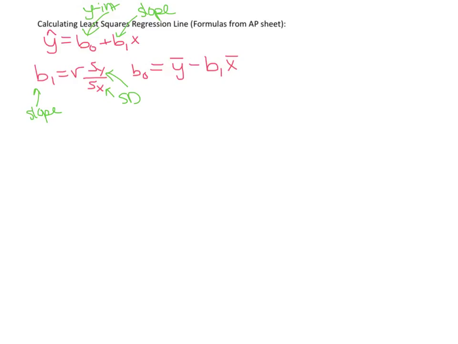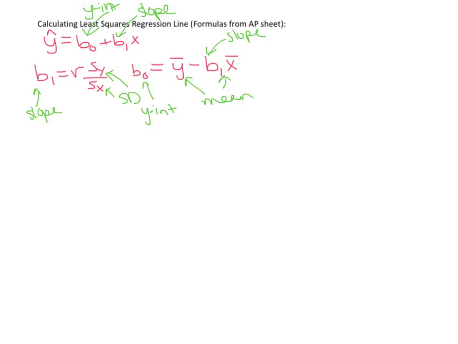Now, to find your y-intercept, you need your slope, first of all, and you're also going to use the means of your x values in the scatter plot and your y values in the scatter plot.